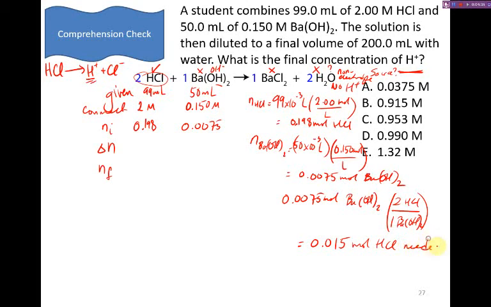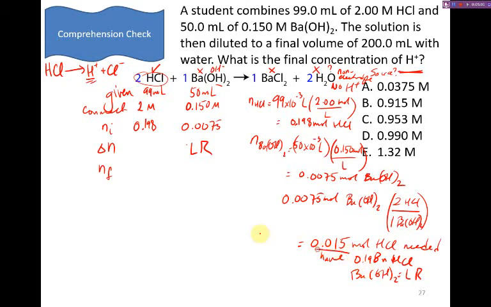We need 0.015 moles of hydrochloric acid to react with all of the barium hydroxide. Since we have much more than that, we know that the barium hydroxide is the limiting reactant. And so it's going to get all used up.